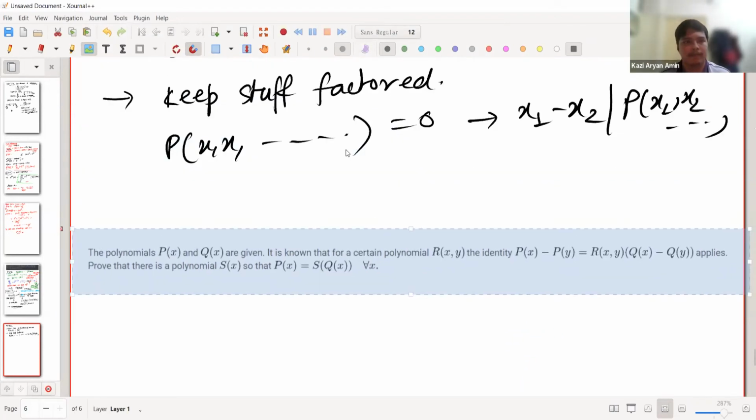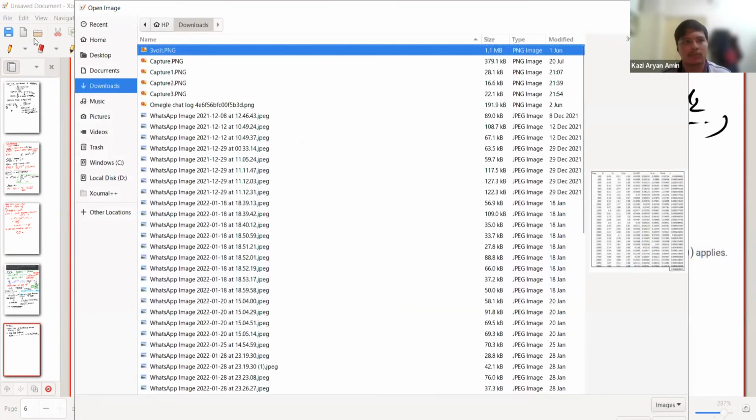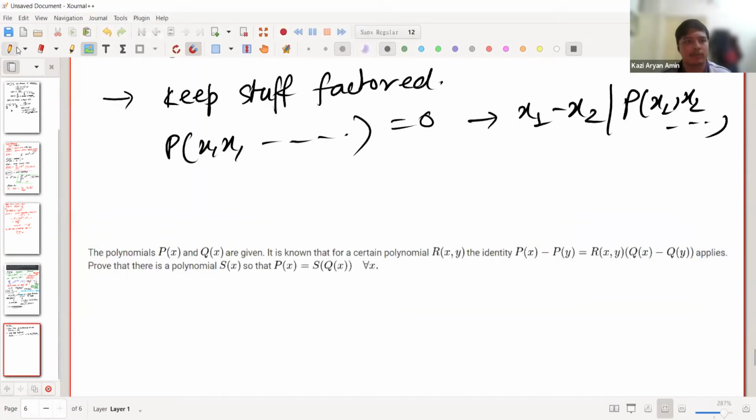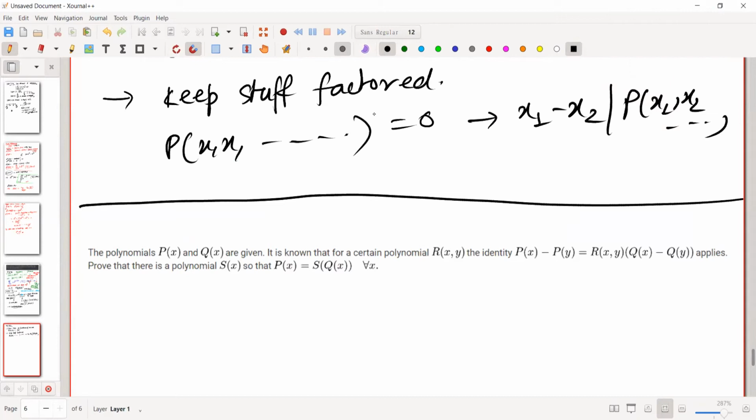Yeah, so can you guys please try this problem? The problem statement is visible, right? Okay, please try this problem for a while. It's Russia, I think. Okay, yeah, this is Russia 2004.